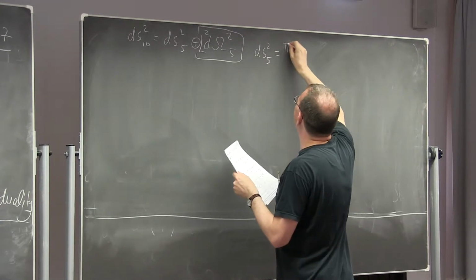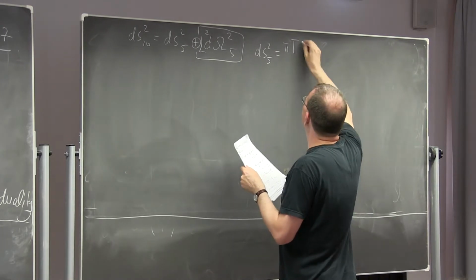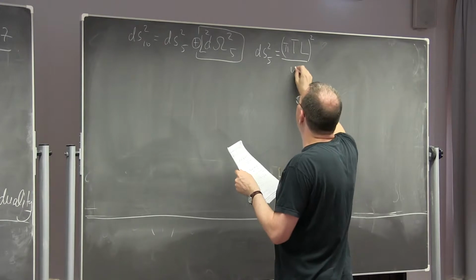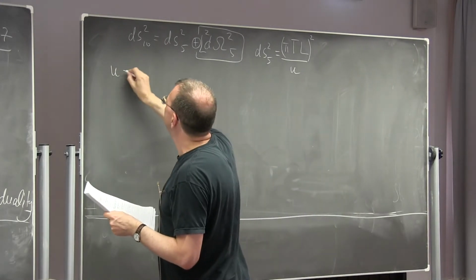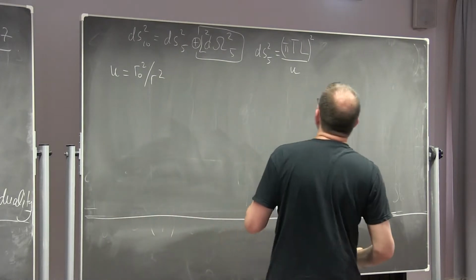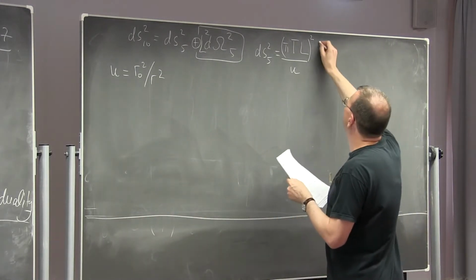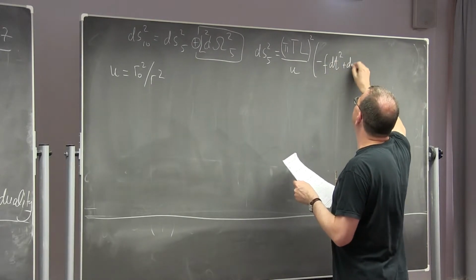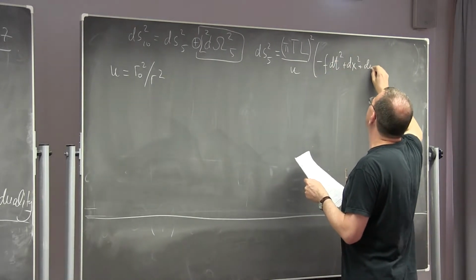I will introduce the Hawking temperature of the solution, and a new coordinate u, which will be r₀² divided by r². I do the change of variables; it is just more convenient to use these variables, but otherwise the metric will be the same.